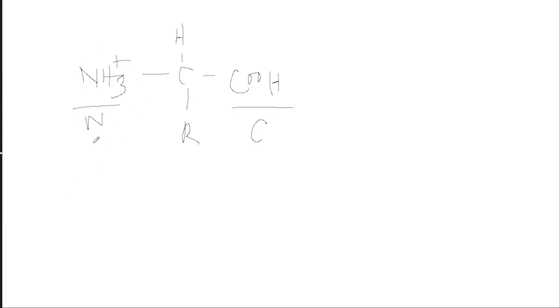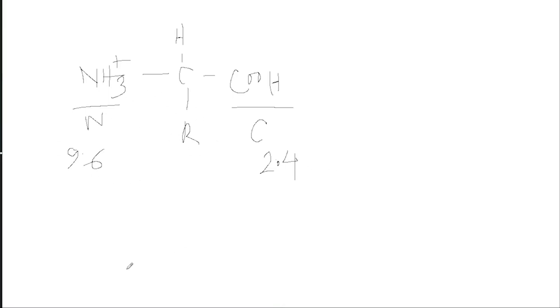So let's just imagine this amino acid has an isoelectric point at the zwitterion form, and for the amino group, the pKa is 9.6, and for the carboxylic acid group, the pKa is 2.4. Let's just imagine that. All right.